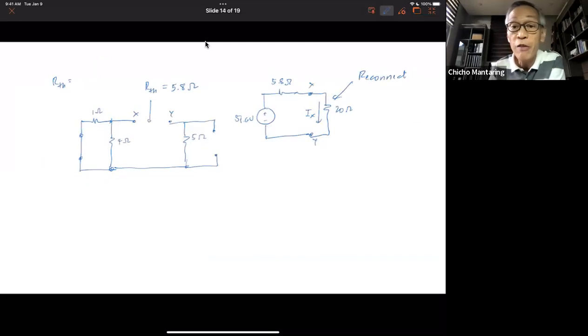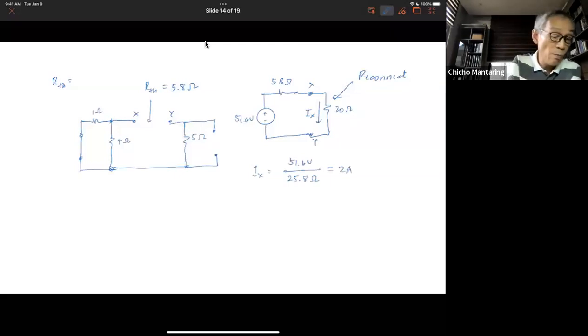So now you see how trivial it is to compute for I of X. What would I of X be? I of X will now just be simply equal to 51.6 volts, that is my total voltage, divided by my total resistance, 25.8 ohms, which is 2 amperes.